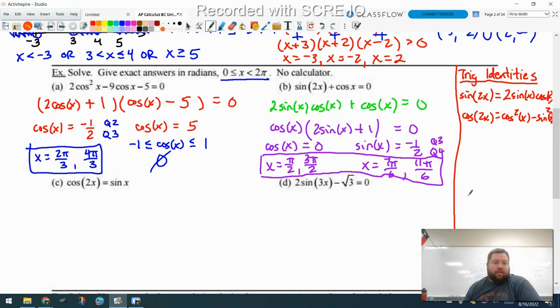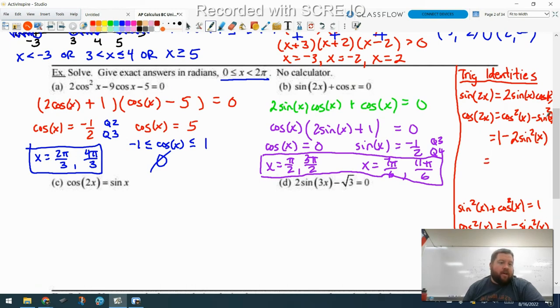All right, but then remember that there's this identity, that sine squared plus cosine squared is equal to 1. And then you can manipulate that. If you applied this, let's say we replaced cosine squared with 1 minus sine squared, you would get 1 minus sine squared minus sine squared, which would be 1 minus 2 sine squared.